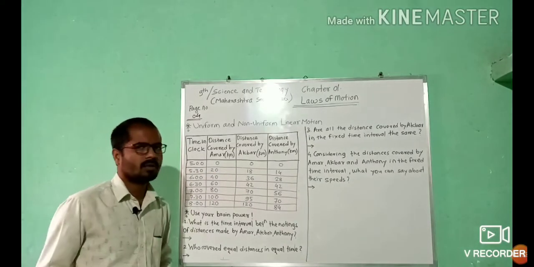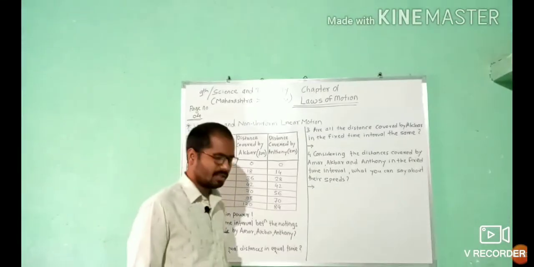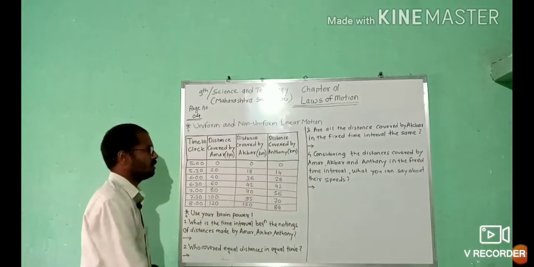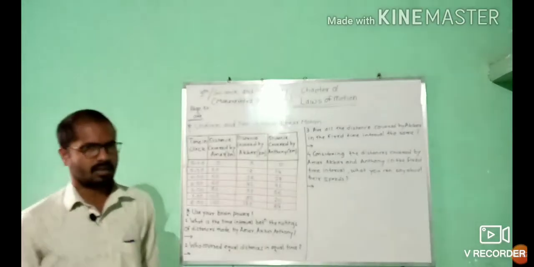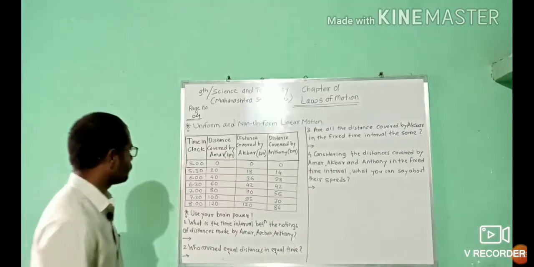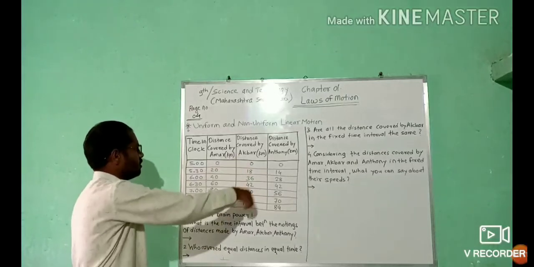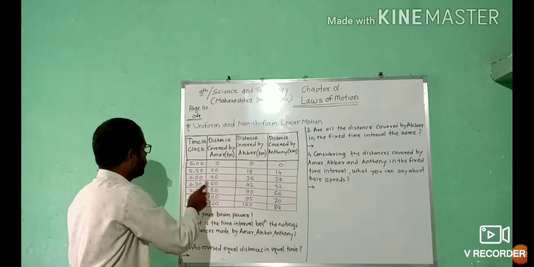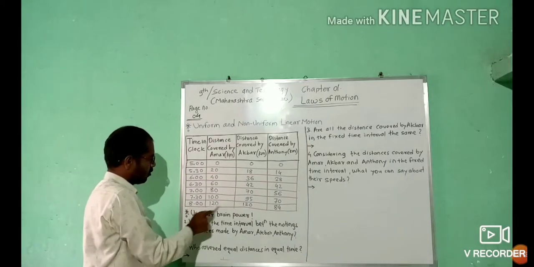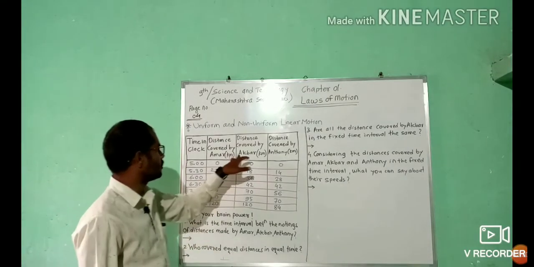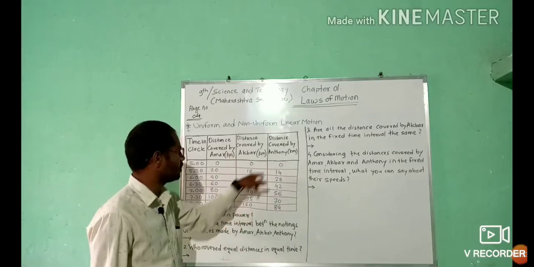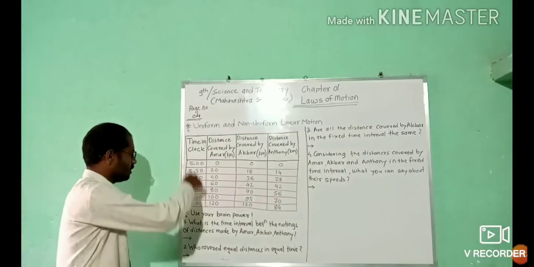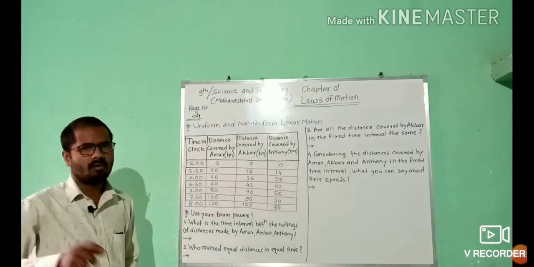Now in the section of Use Your Brain Power of your textbook, they have asked some questions related to that example. Amar has covered a total of 120 kilometers, Akbar has covered 120 kilometers, and Anthony has covered 84 kilometers.